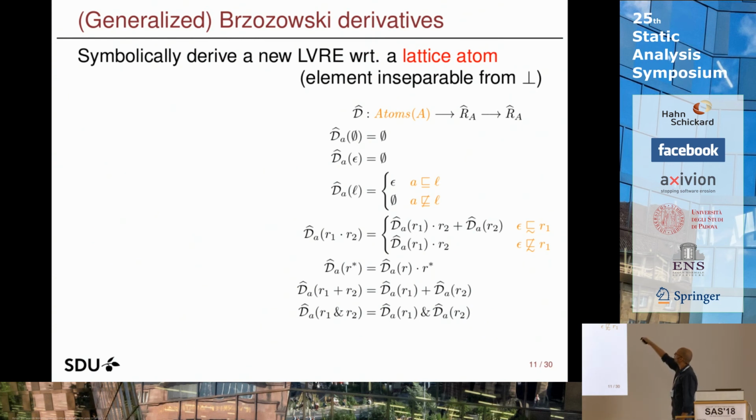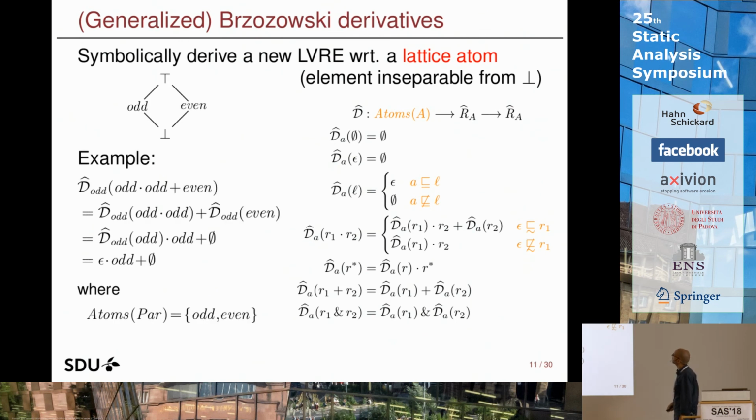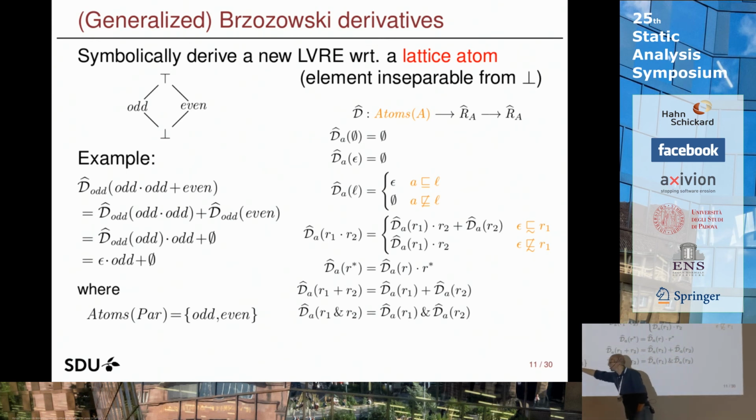You move from one expression denoting a language to another, recognizing some character. And the question is then, what are the characters? In the lattice-valued setup, it turns out a nice answer to that is atoms. So here's an example for you. Atoms are the smallest elements inseparable from bottom. So here, the classical parity lattice. We can do a derivative. In that setup, the atoms are odd and even.